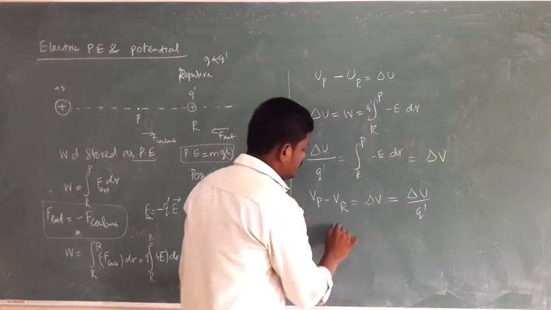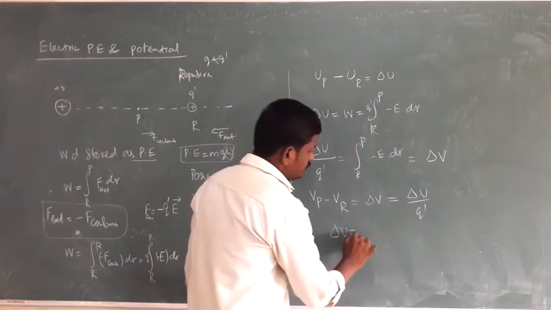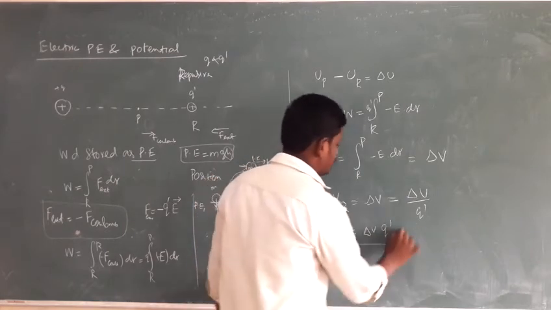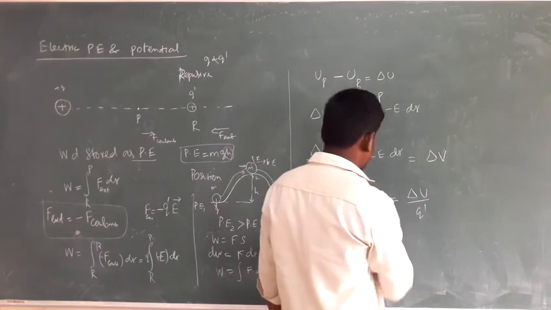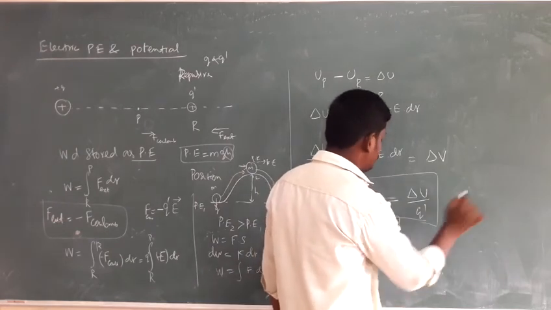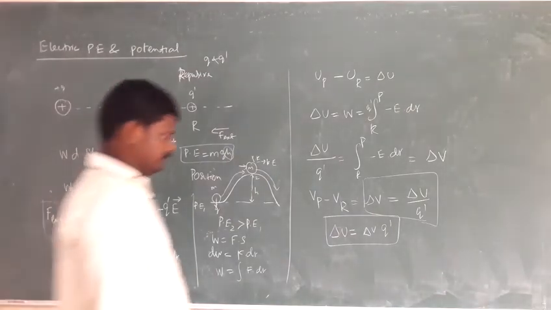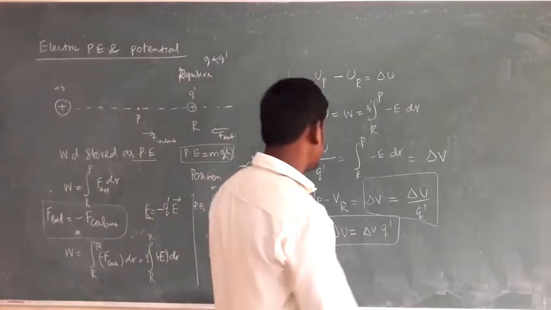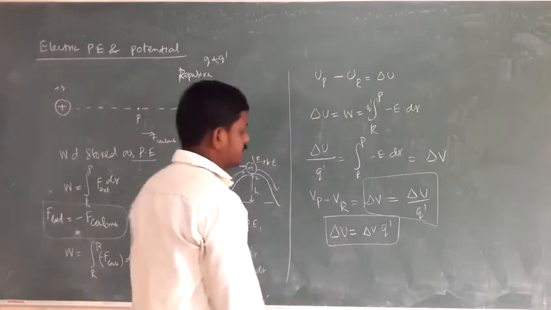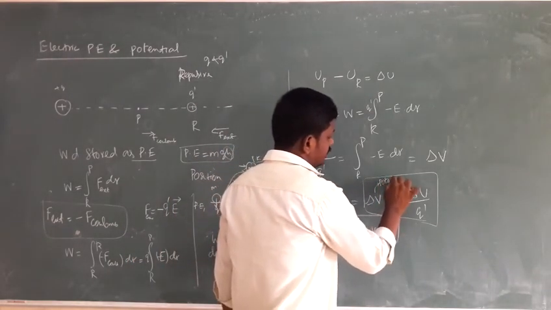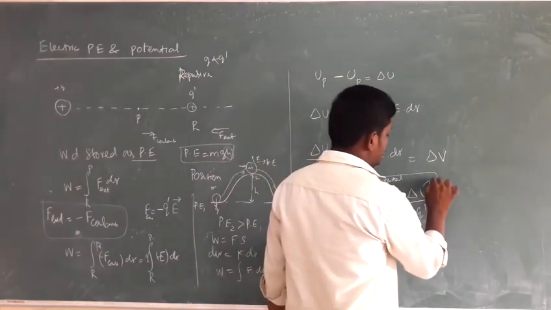You can write it as delta U is equal to delta V into Q', or delta V is equal to delta U by Q'. Both are the same in different forms. Finally, we have related electric potential and potential energy.